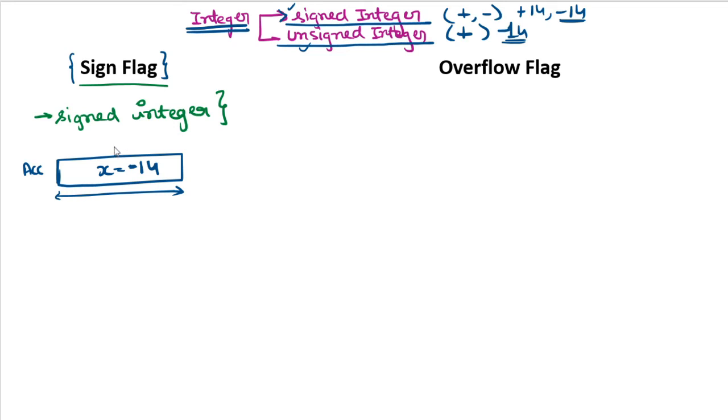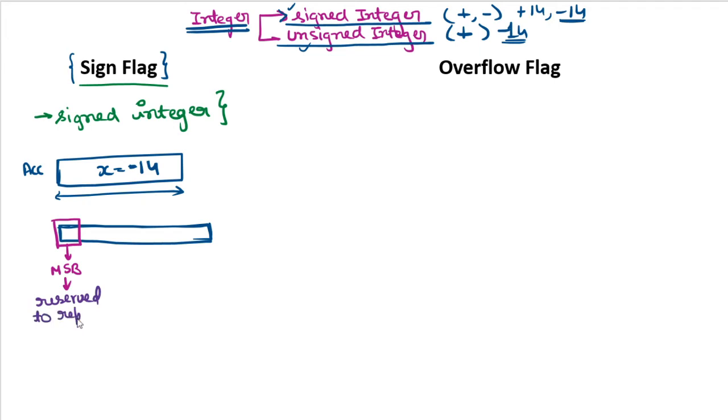The only thing that you need to understand here is that whenever we represent any signed integer, let's suppose this is a binary sequence which is representing a number, the first or the most significant bit, MSB, will always be reserved to represent the sign.